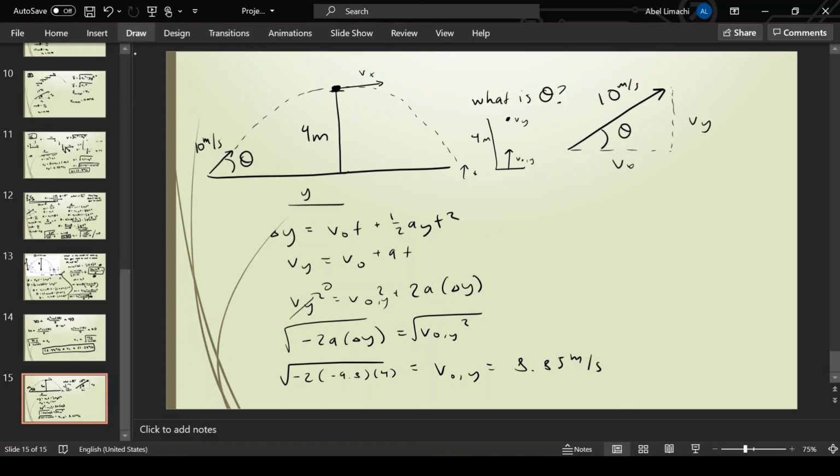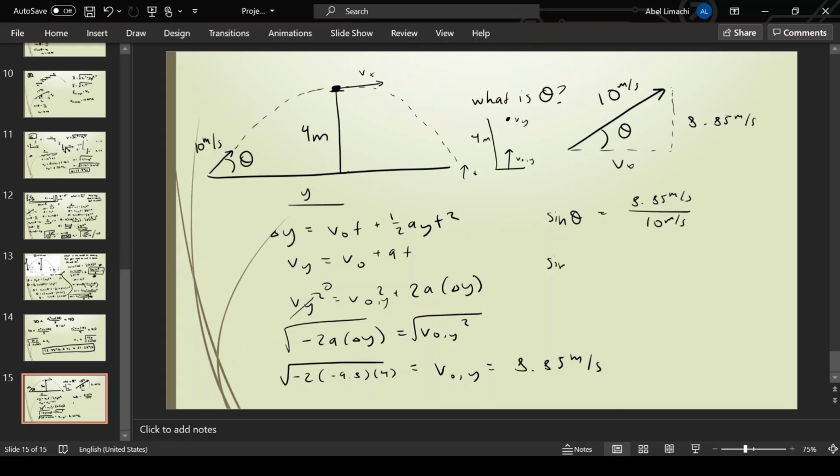I can now, if it will let me, gladly erase this and replace it with 8.85 meters per second. We have two sides and we're looking for this angle. We know that the sine of this angle is going to be equal to 8.85 meters per second over 10 meters per second.